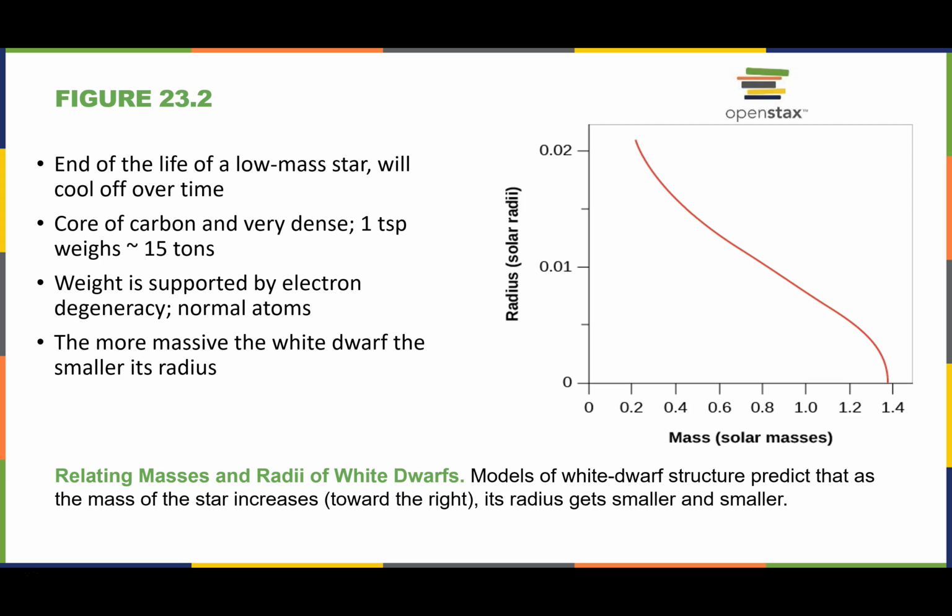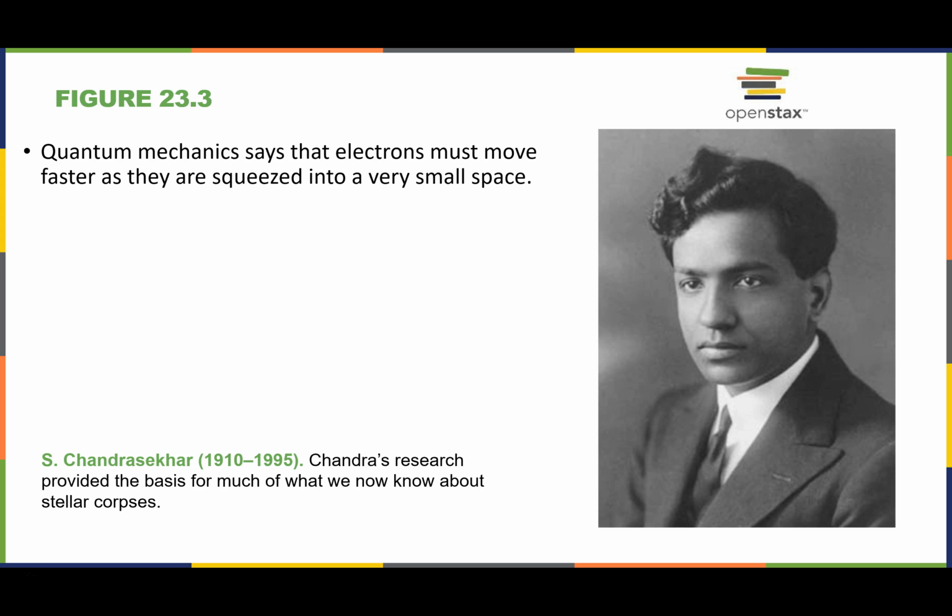When stars blow up, that is not the case, but this is the case with white dwarfs. They stop. Oh, here it is. A teaspoon of a white dwarf would weigh 15 tons on Earth. Goodness gracious.